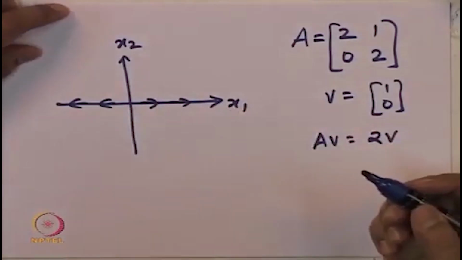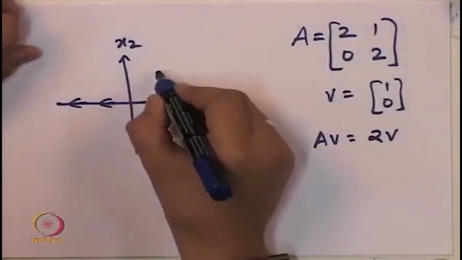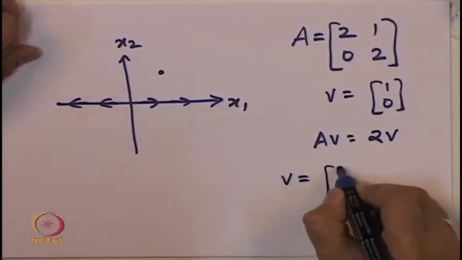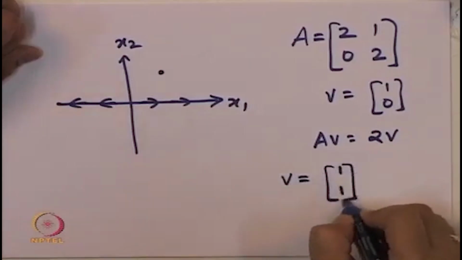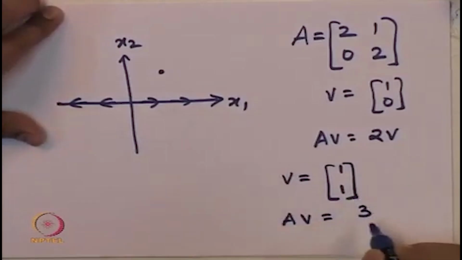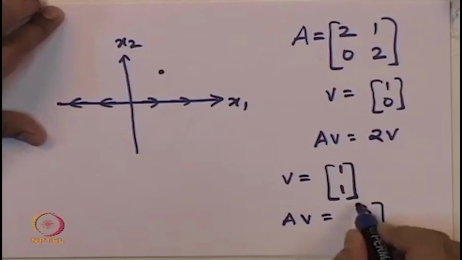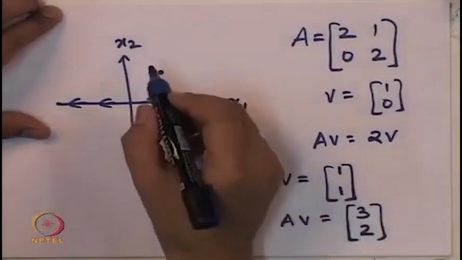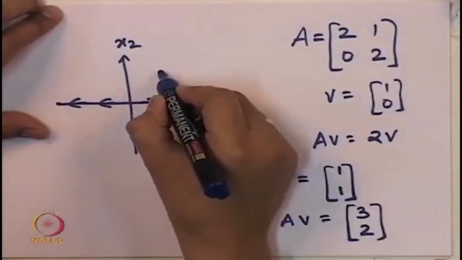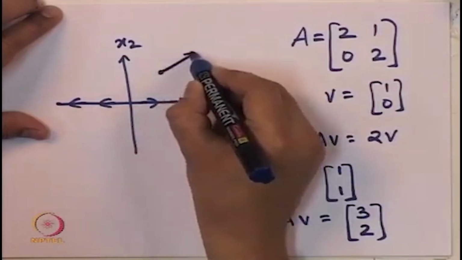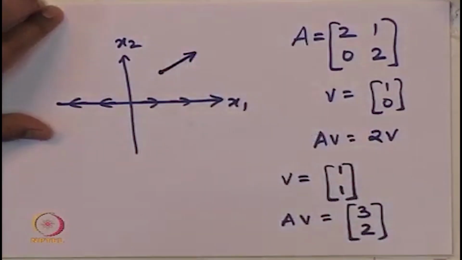There is only one independent eigenvector, and hence if you take an example, let us say v is equal to 1, 1, when A acts on v, we get 3, 2. Let me check this. Yeah. So, for this particular vector 1, 1, both the x1 and x2 components of that arrow are non-zero.